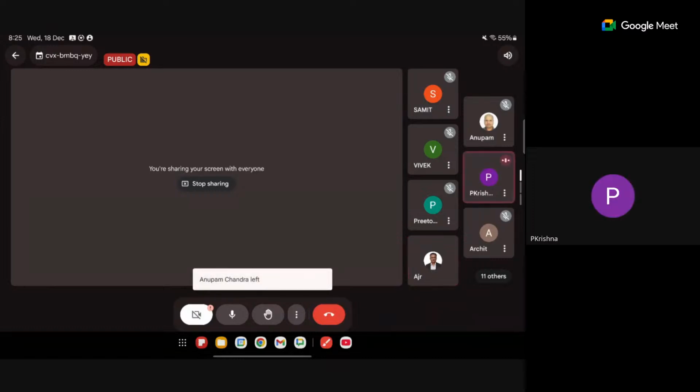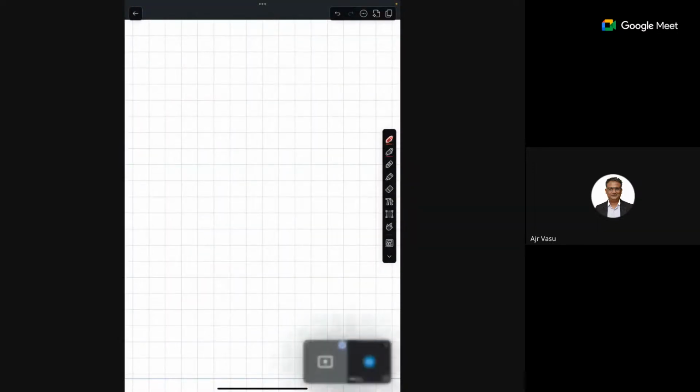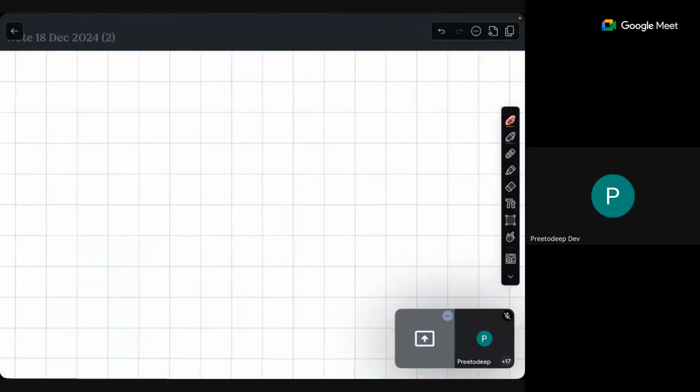Can you also see the screen? Yes, the screen is visible. Okay, in that case, we'll go over two things.